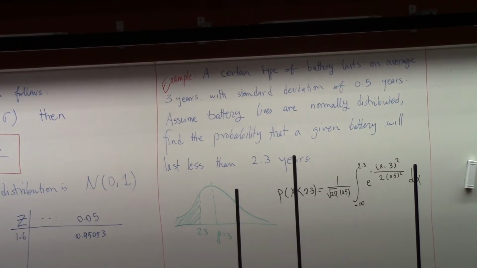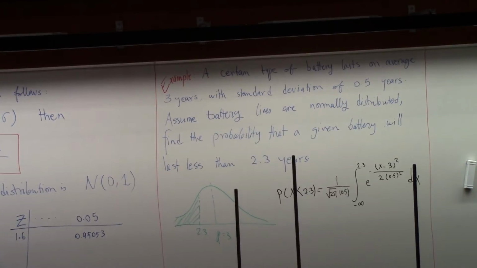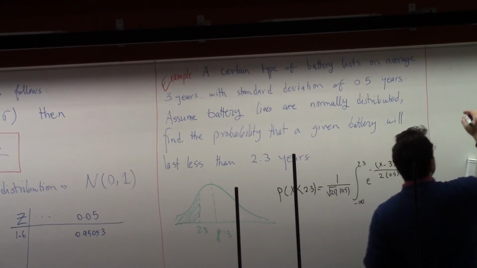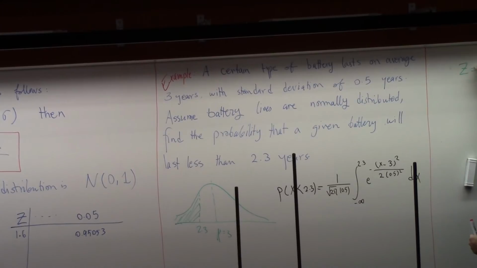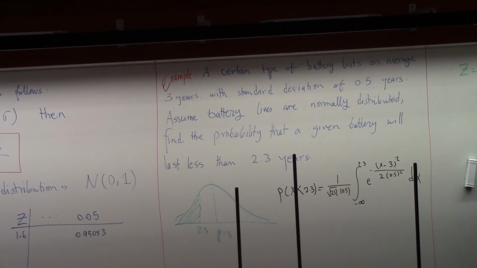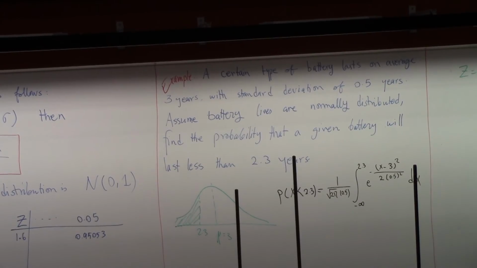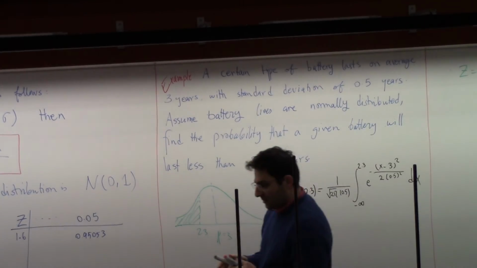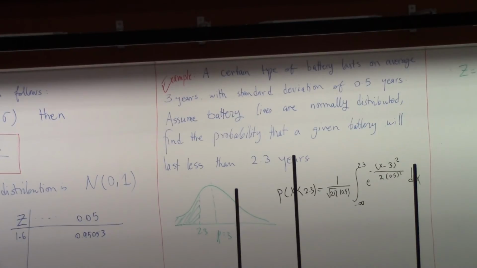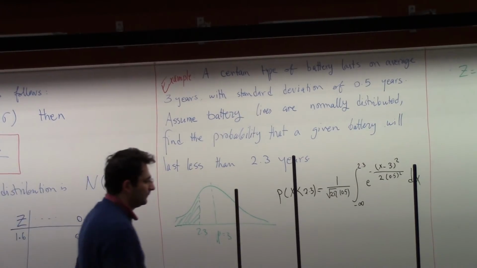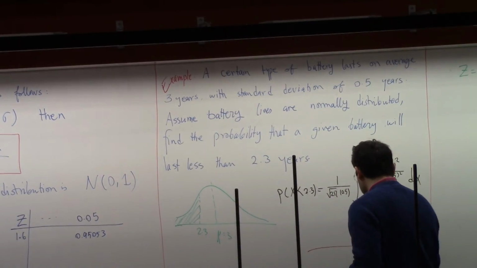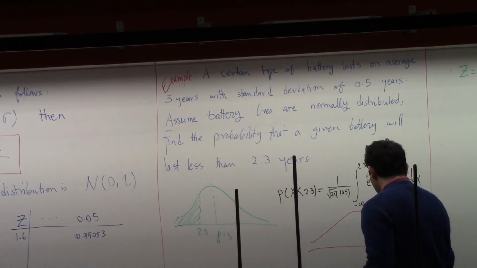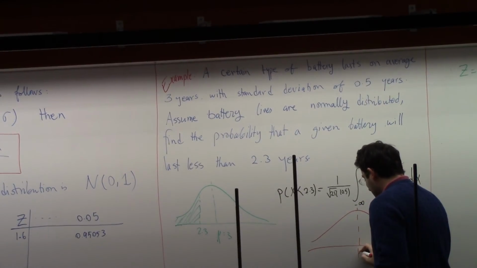So what we do, we are defining z, which is x minus 3 divided by 0.5. Now, we are converting this one to this, this is my z, mu is 0.